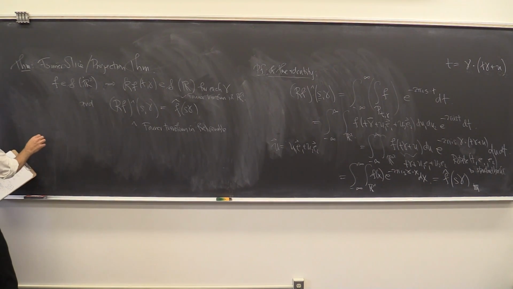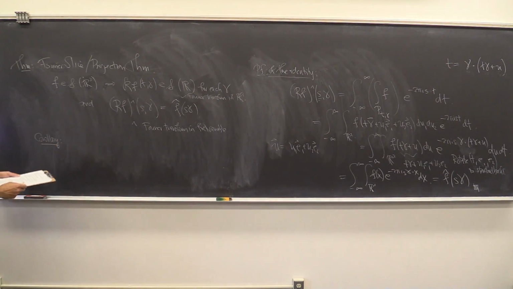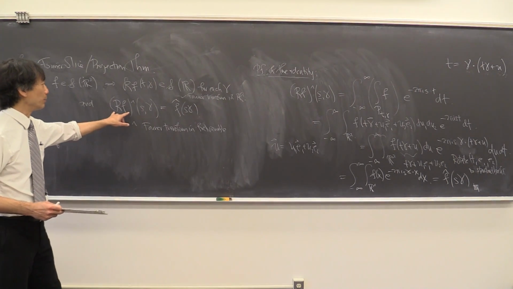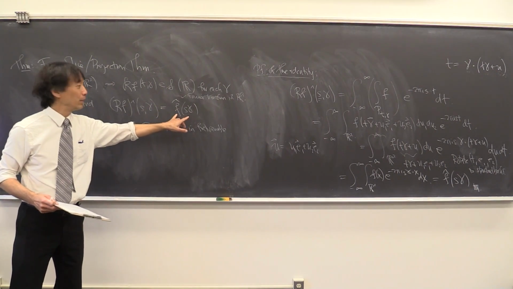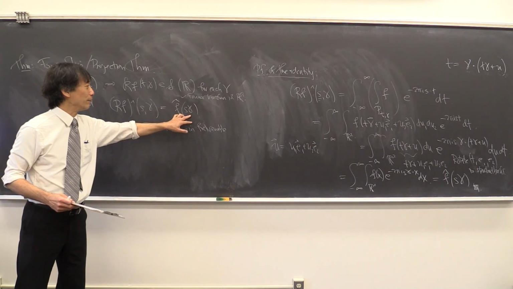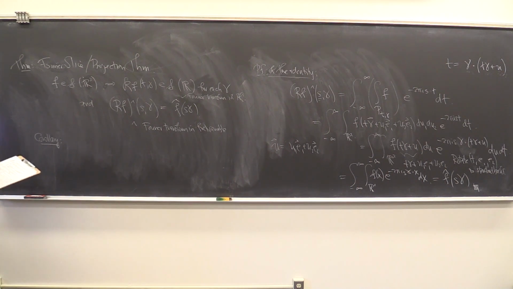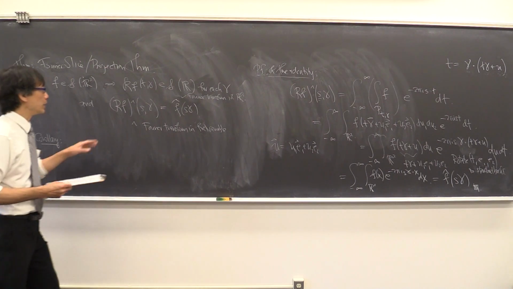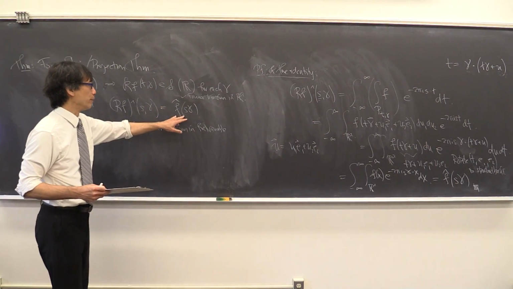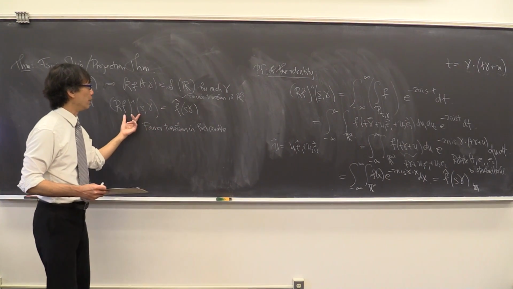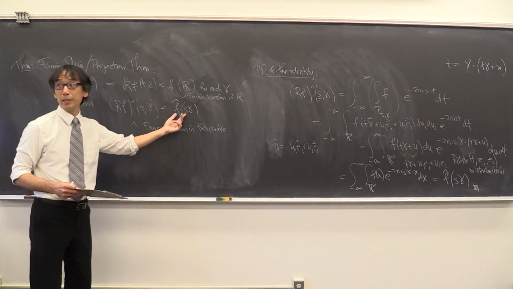The Fourier Slice Theorem has an immediate corollary: we can reinterpret the Radon transform as simply the inverse Fourier transform of this function. That is, you take the three-dimensional Fourier transform along this line, but you invert it with respect to s.